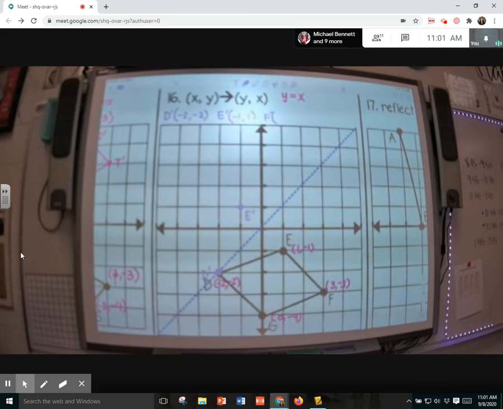F starts at 3, -3. What are the coordinates of my F prime? -3, +3. Just flip them.